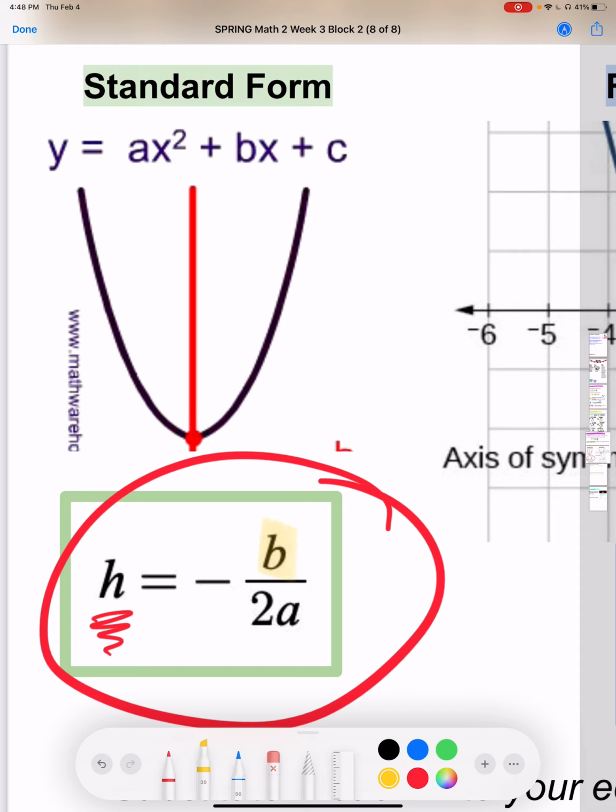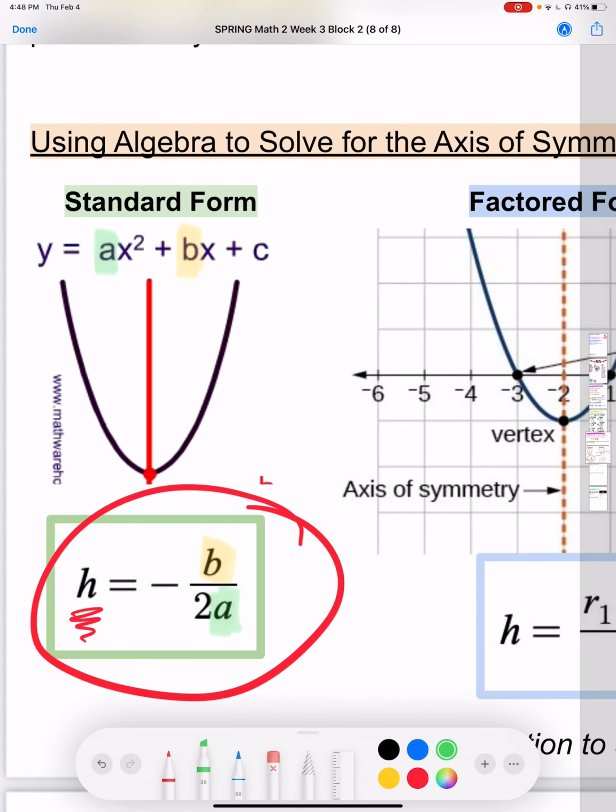This b you get from your formula, and this a you get from your formula. You're just going to plug those into our h equals negative b over 2a formula to find that axis of symmetry.